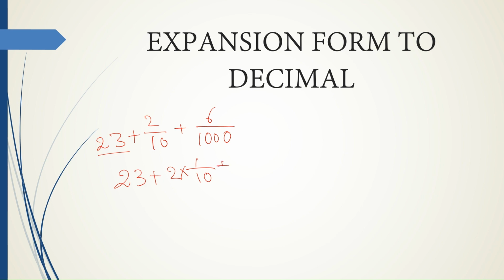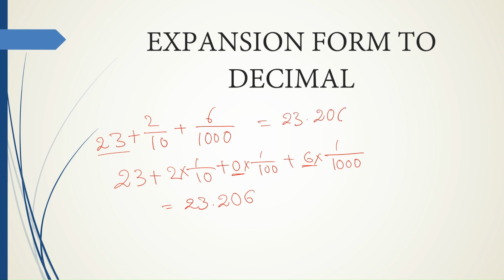And there is no 1 upon 100 here, so we'll write 0 into 1 upon 100 plus 6 into 1 upon 1000. This can be written as the whole number, and after the whole number comes the dot or decimal point. Tenths place is 2, in hundredths place there is nothing, so it's 0, and then in thousandths place it's 6. This is nothing but 23.206.